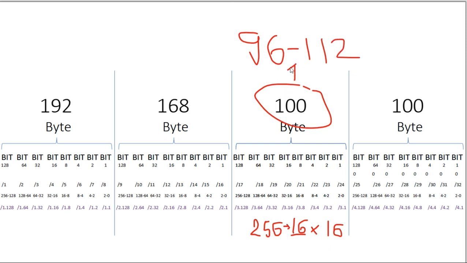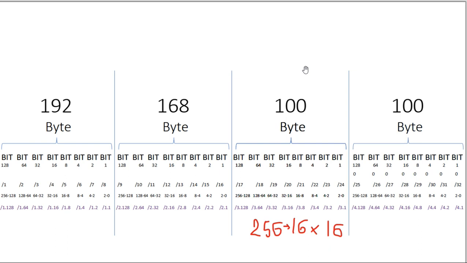So this here is within the network between 96 and 112. This fits inside this bunch. So you know immediately that it belongs to this segment of the 16 subnets that this byte gets split into. So super easy, 96, 112.